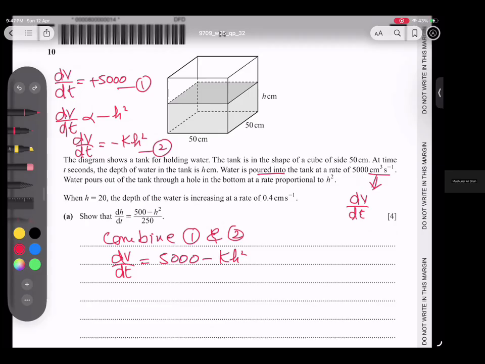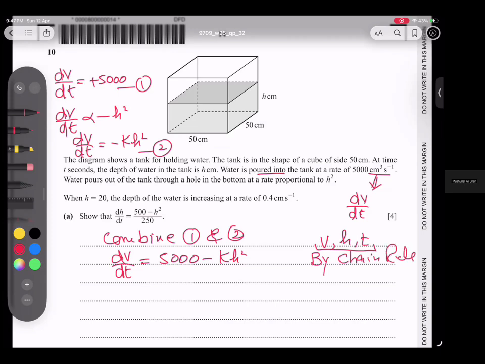Whenever we have more than two variables, here h, t and volume are connected, so volume, height and time, three variables are involved. Whenever more than two variables are involved, we go for the chain rule.